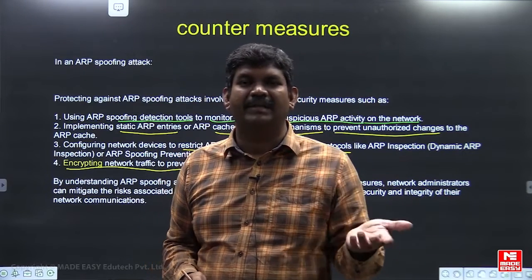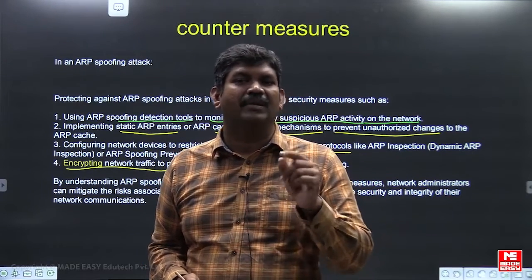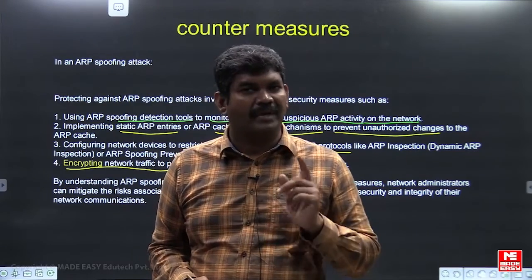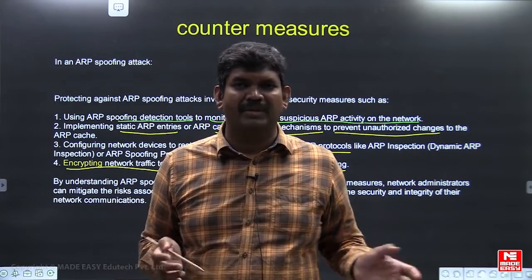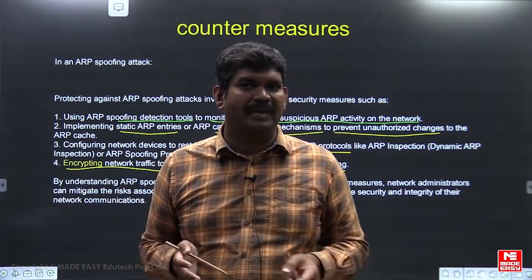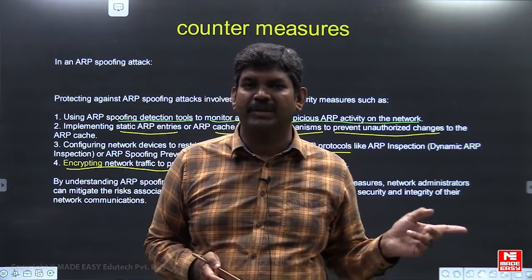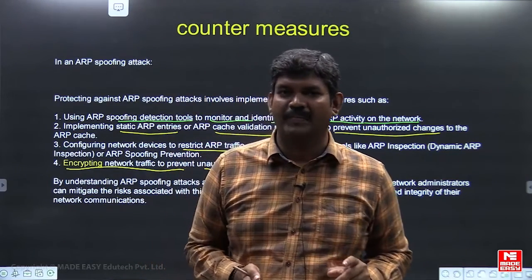Because after analyzing, you will understand what the vulnerability is. End-to-end IP is not changing, so that is not a vulnerability. But at every hop the MAC is changing, so that is the loophole.